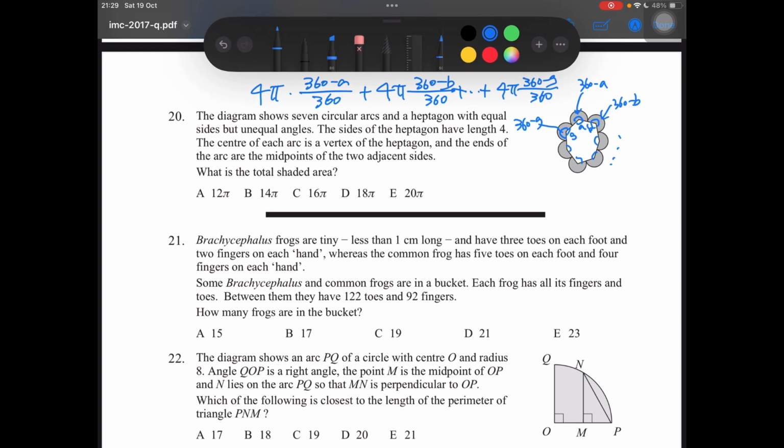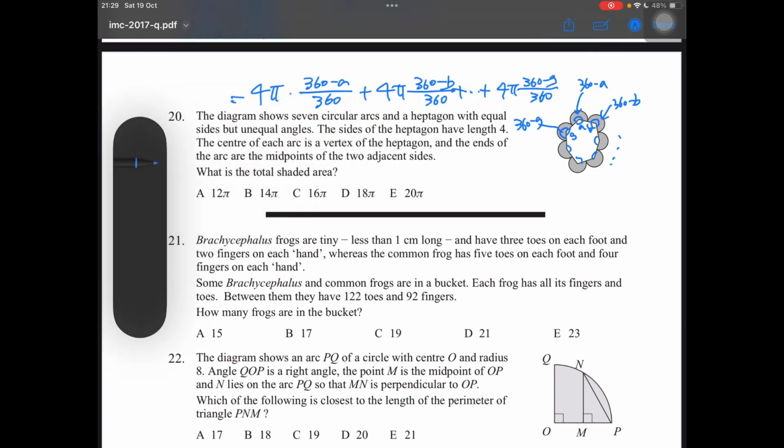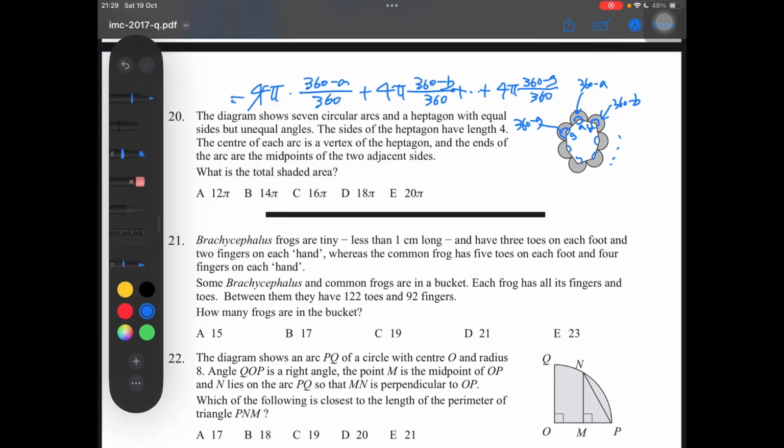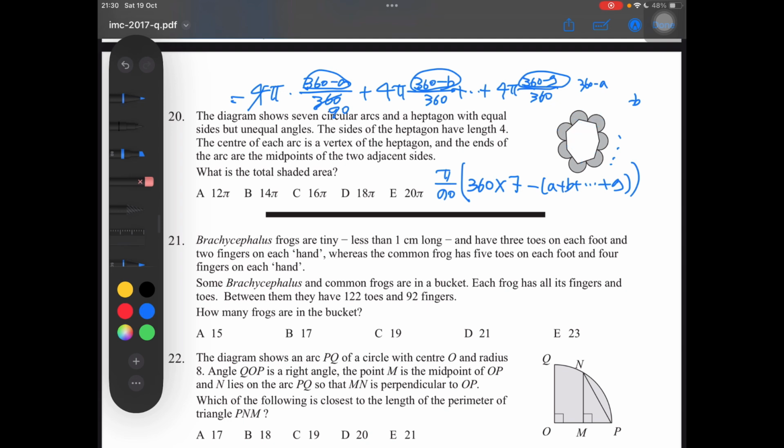Now we have quite common factors, which is pi over 90. So pi over 90 is common. So let's say we add them all together. 360 minus A, 360 minus B, blah, blah, blah, 360 minus G. So we have 360 seven times minus A plus B plus blah, blah, blah plus G. So if we can find the sum of the internal angles of this heptagon, then we can make it.